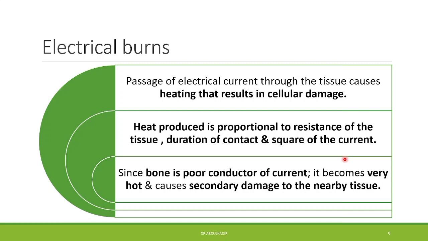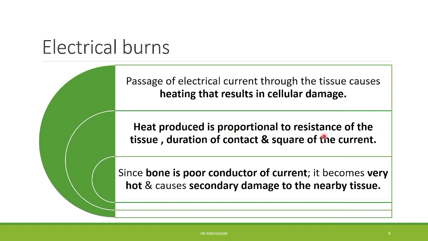The passage of electrical current through the tissue causes heating of the tissue and also cell damage. The heat produced by the electricity is proportional to the resistance of the tissue.